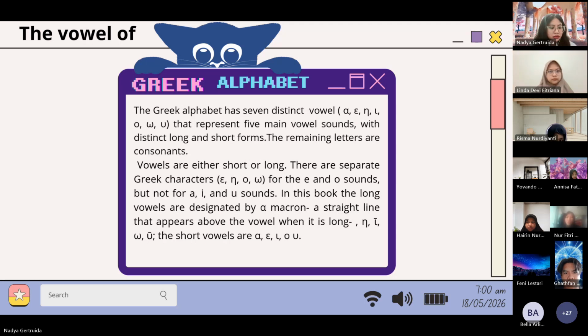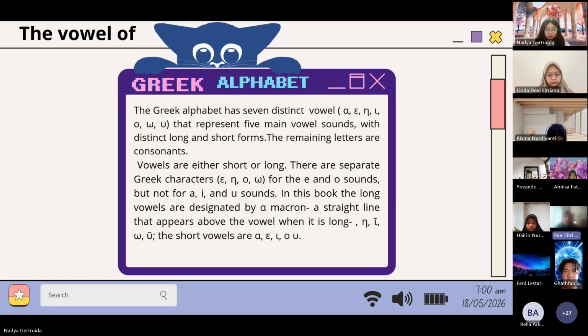The long vowels are iota, theta, omega, and epsilon.